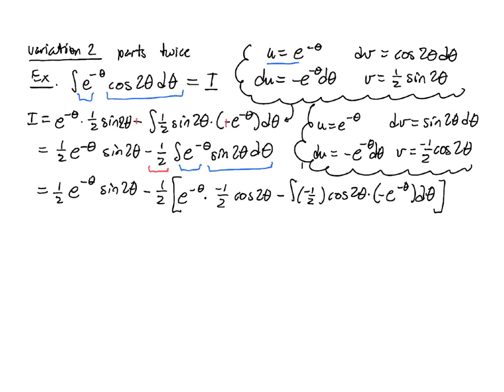Do be mindful of all the minus signs that we have here. Notice that there are 3 minus signs in the last term here, so we'll cancel 2 of them. But we still have the 1 minus sign remaining, and we also have the minus sign outside of the brackets. So what we'll do here, remember this is our expression for I, we'll simplify this by multiplying through that negative 1/2. So we have 1/2 e to the minus theta sine 2 theta.